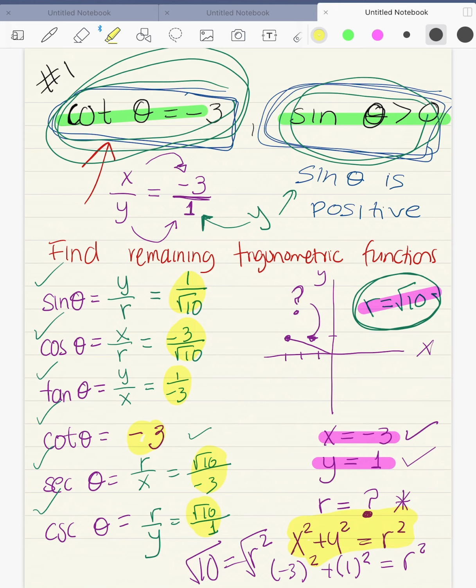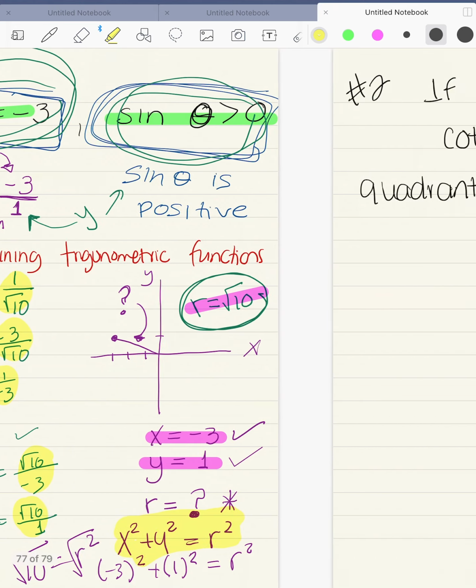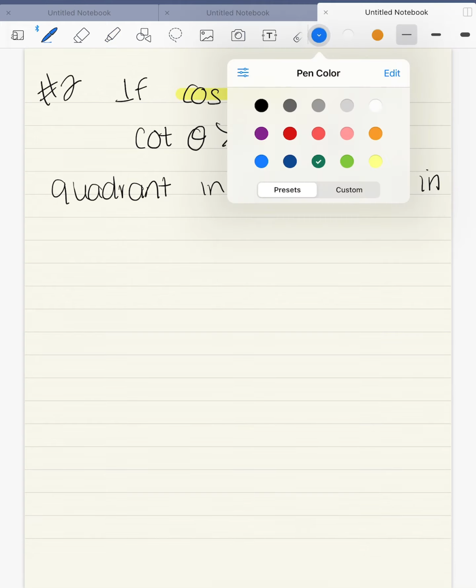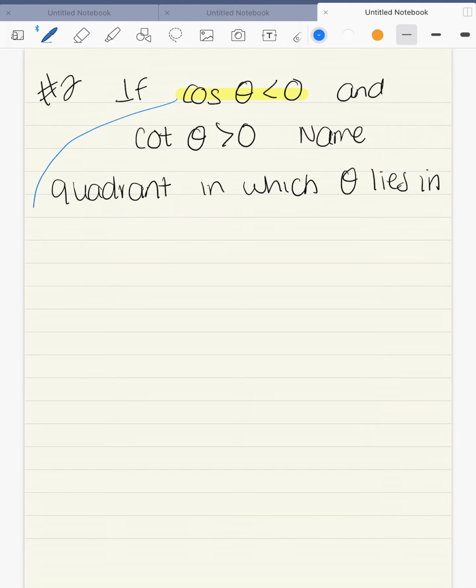So let's continue now with another problem, and I think this is the last one that we're gonna be doing. For this problem, it is telling us that cosine is less than 0. Cosine less than 0 means that the x, because cosine is the x, is a negative number.